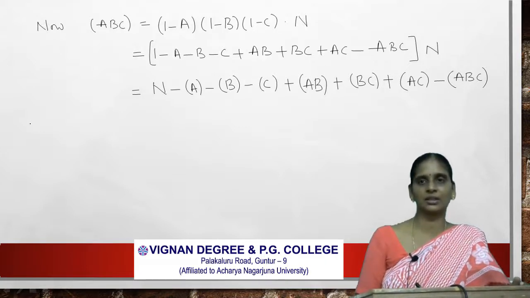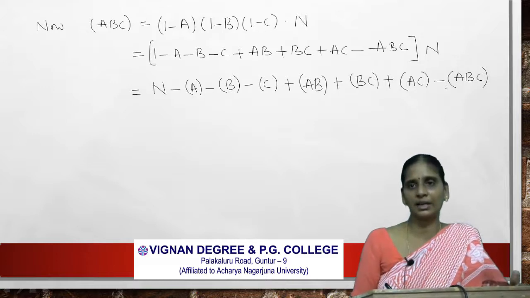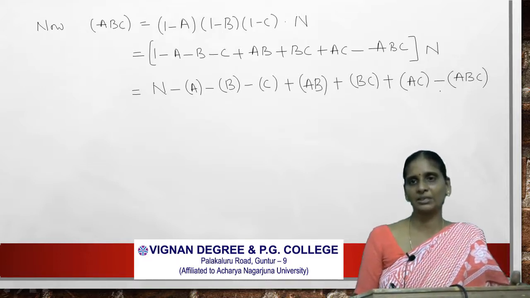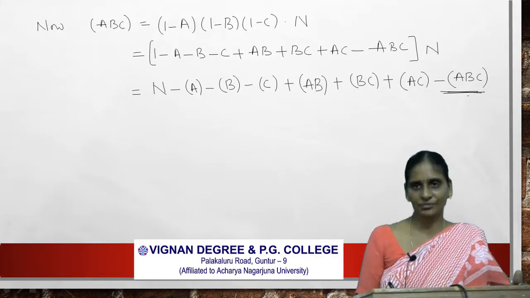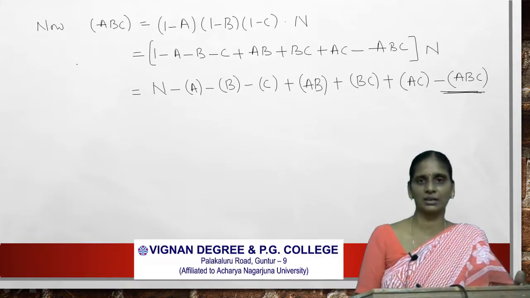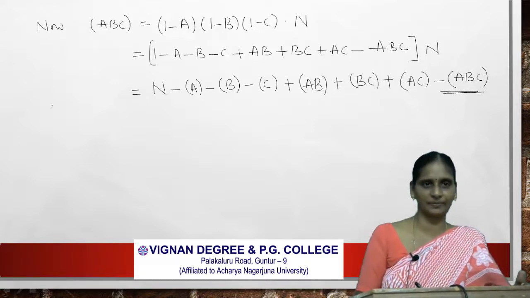In the next step, on the right hand side we have minus frequency of ABC, so this is shifted to the left hand side. Already here we have one frequency of ABC.